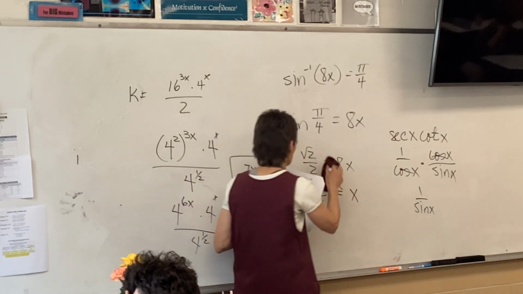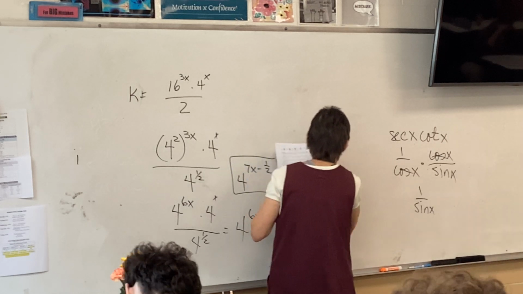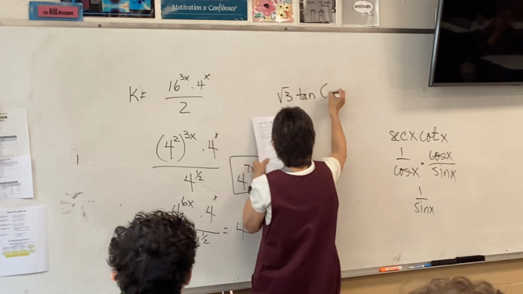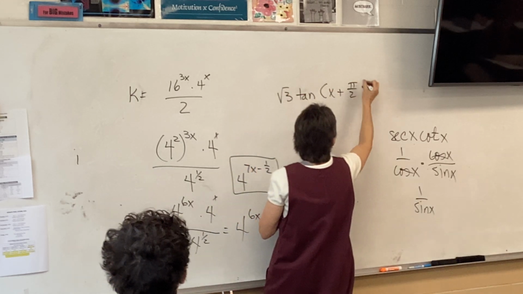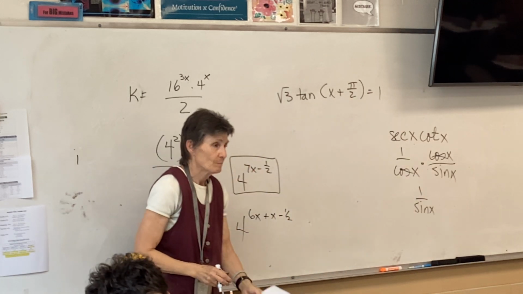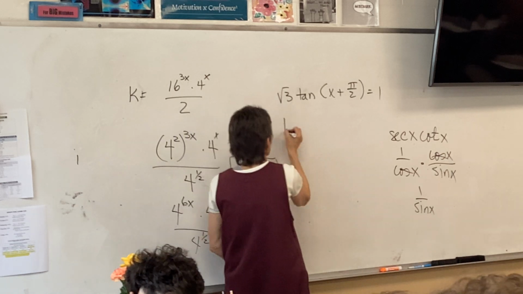So in other words, root 3 tangent of x plus pi over 2 equals 1. Does that make sense to you? All right, let's divide by root 3.